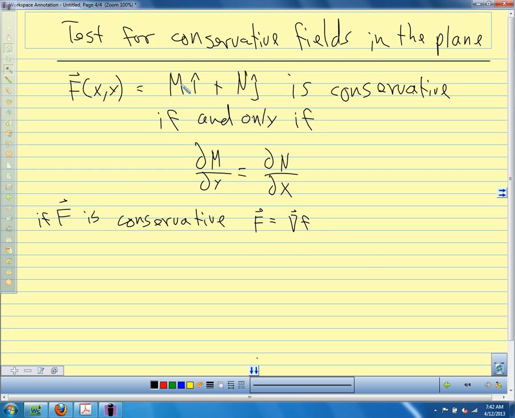So this is our conservative field. That tells us that M equals df/dx, and N is the partial of f with respect to y.